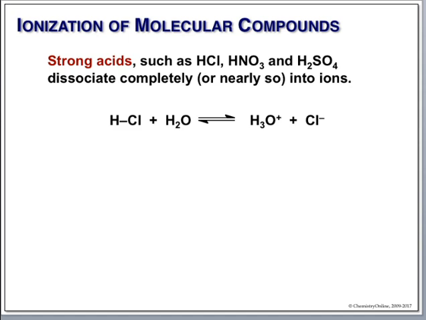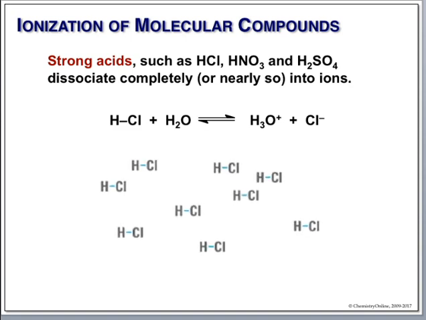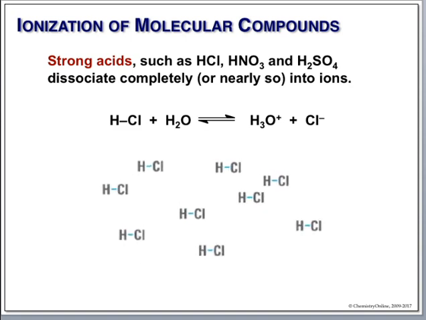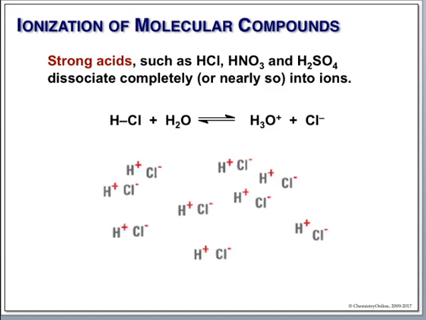If you take HCl and put it in water, it essentially totally dissociates into hydronium and chloride. And if you don't believe me, a strong electrolyte is a compound that ionizes completely in solution. Hydrogen chloride breaks into hydrogen and chlorine ions.